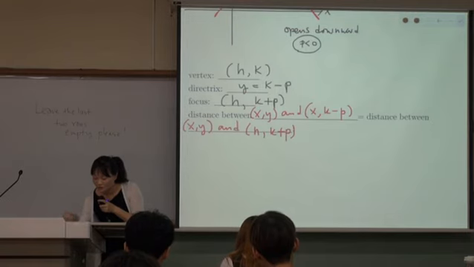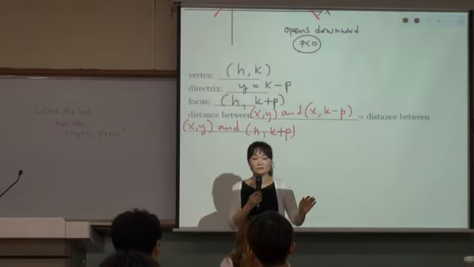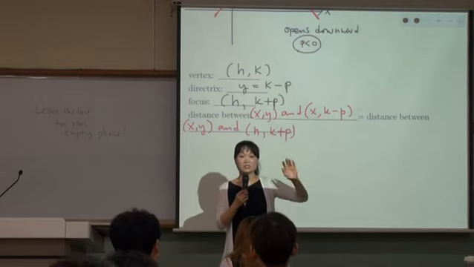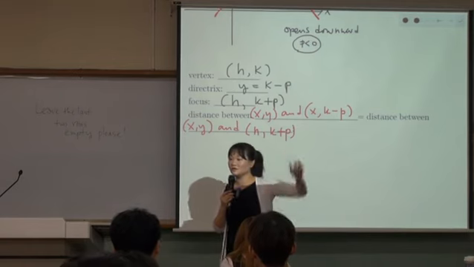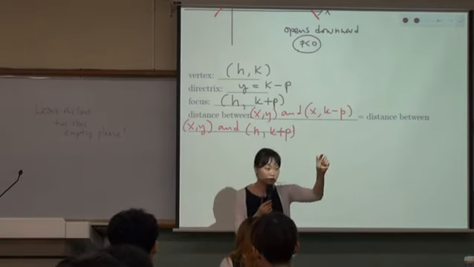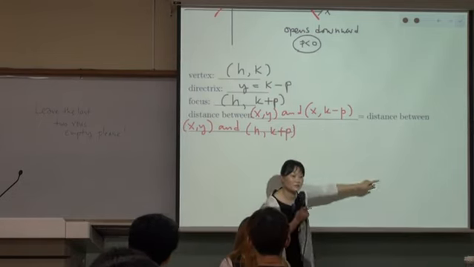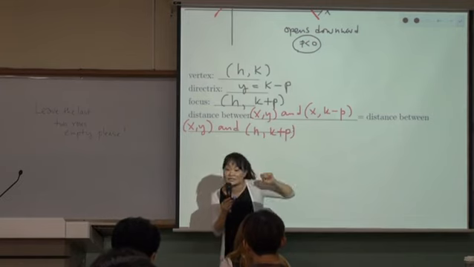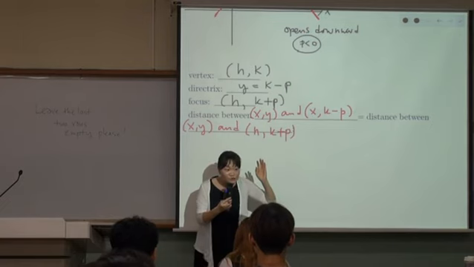So how do we measure the distance between two points? The distance between (x0, y0) and (x1, y1) is the square root of (x1 minus x0) squared plus (y1 minus y0) squared. So I will get a square root of something here, and a square root of something here. By squaring both sides, because both are positive, I can get rid of the square root.